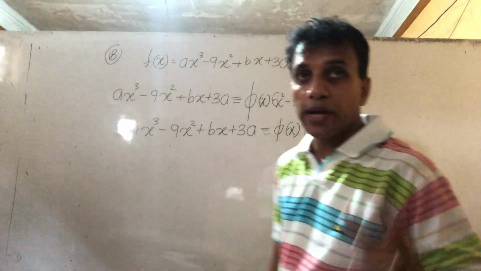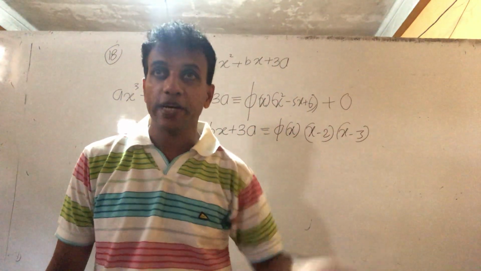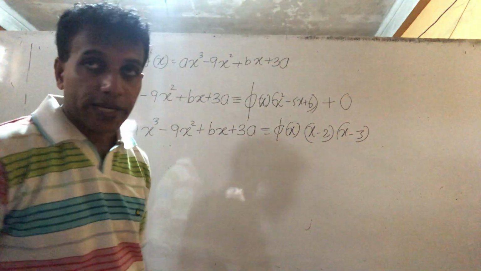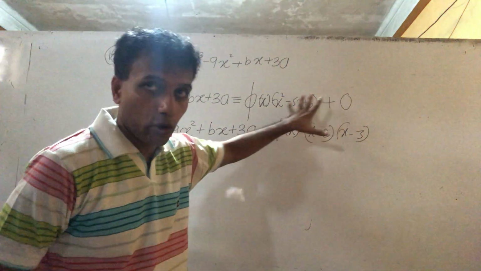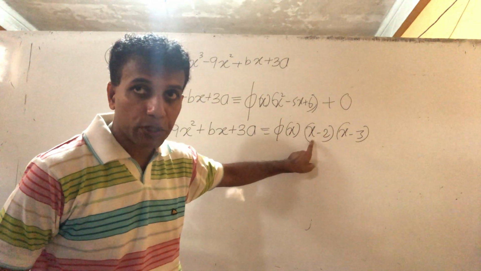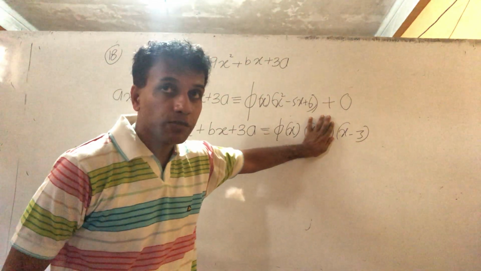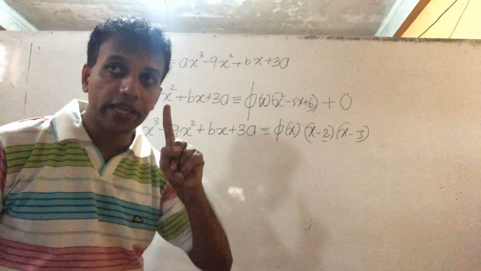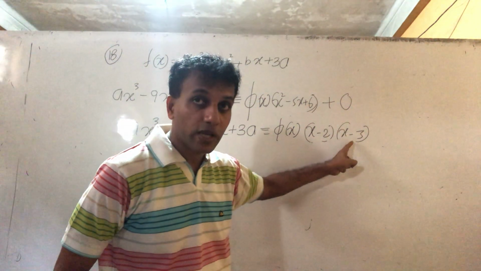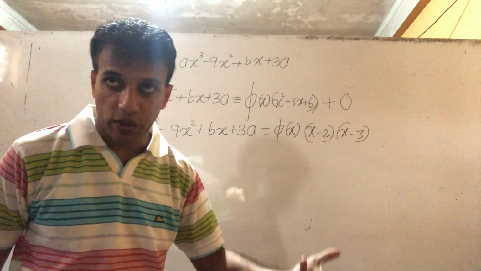So those who have revised my previous problems under the factor theorem, or especially the remainder theorem, you know the idea. You can make this part 0. When does it become 0? If you substitute x equal to 2, it becomes 0. One equation. Another one, put x equal to 3, 0, another equation.